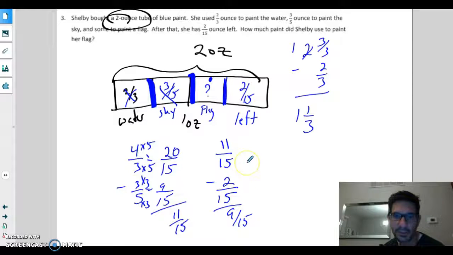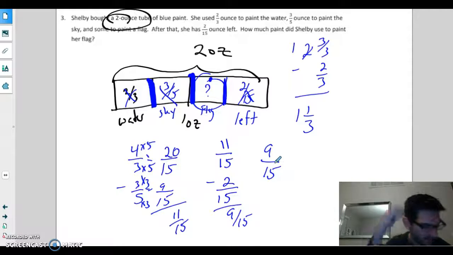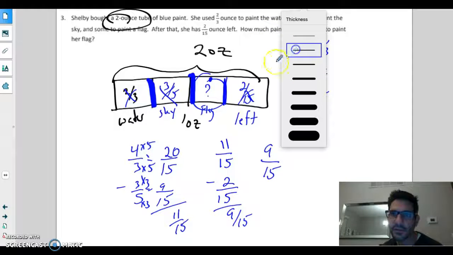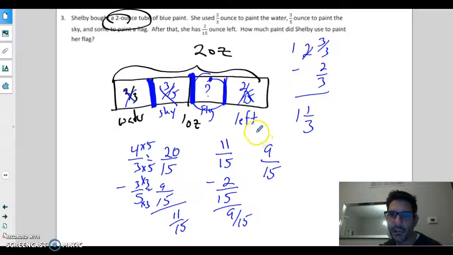Now, this represents, because I did the 2/15, now 9/15. So she used 9/15. Now 9/15 can actually be reduced. You could leave it like this, but it doesn't say simplified, but I'll show you factors. 1, 3, and 9.